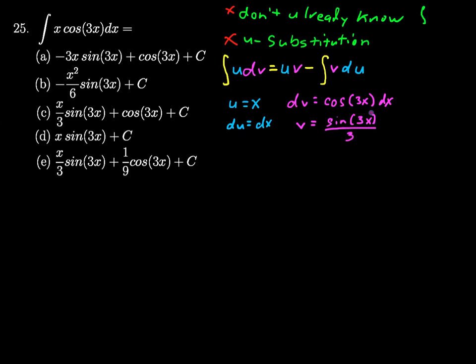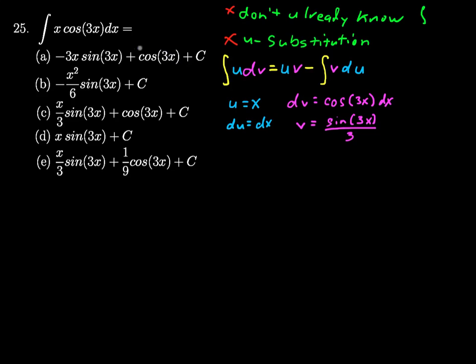It's sort of the inverse chain rule. If I took the derivative of this sine of 3x, I get the cosine of 3x multiplied by the derivative of 3x, which is 3, and they cancel out. It all works out. Okay, I have everything I need to do integration by parts correctly.